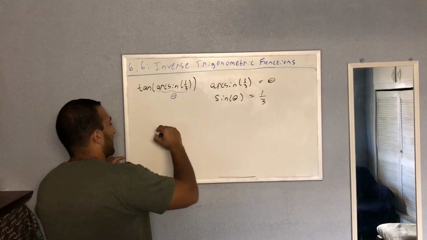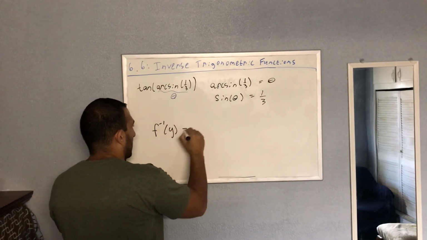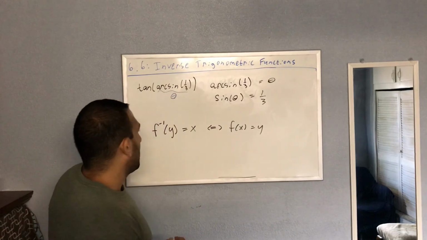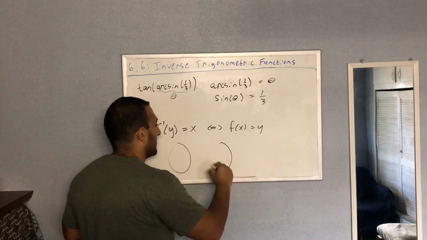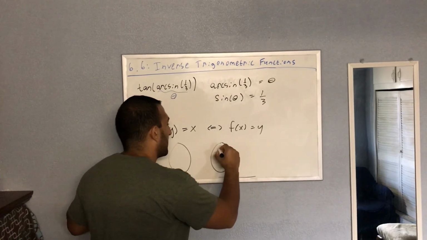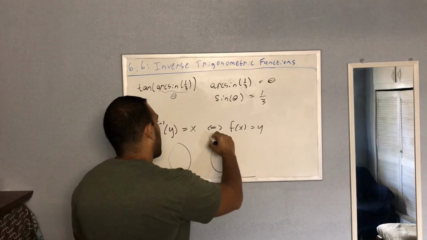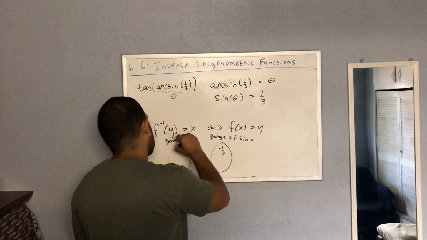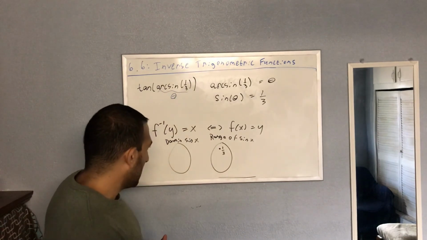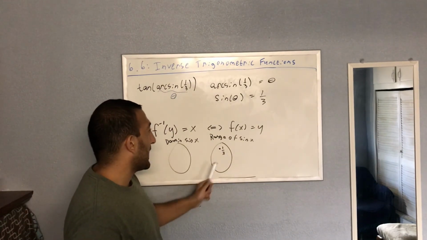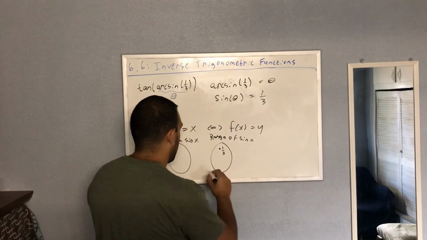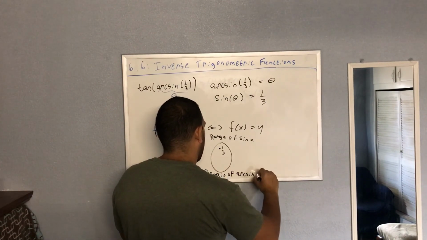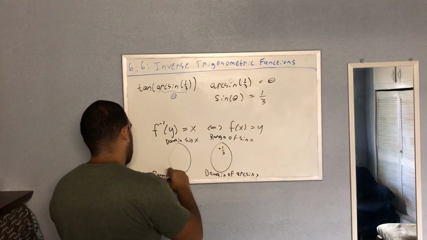This is using the fact that if we had f inverse of y equals x, this was equivalent to f of x equals y. Another way of thinking about this is with our little blob diagrams: 1/3 here is in the range of sine x, and this is the domain of sine x. So we took something from the range of sine x, which is actually the domain of sine inverse. So this is the domain of arc sine x, and this is the range of arc sine.